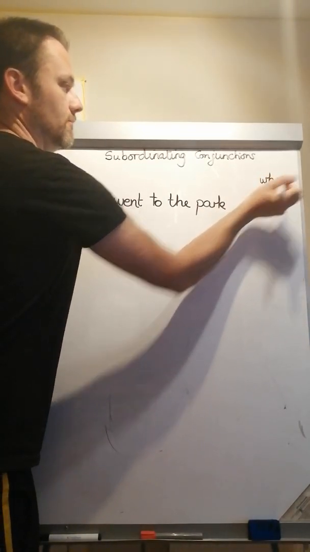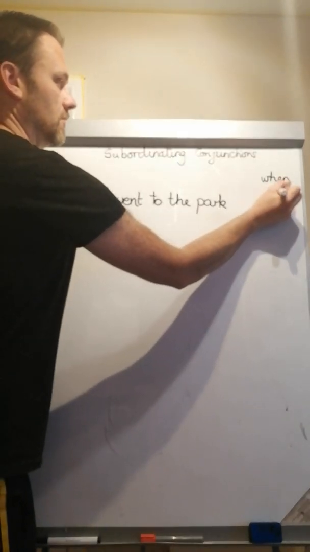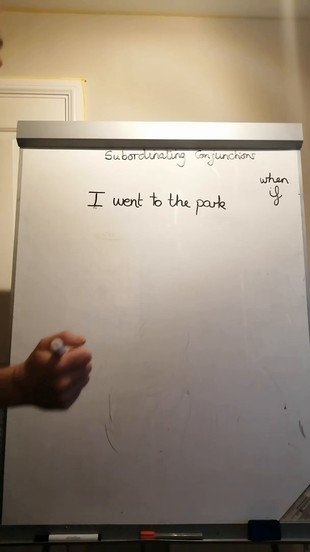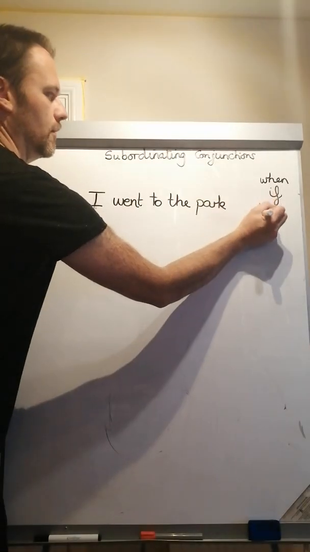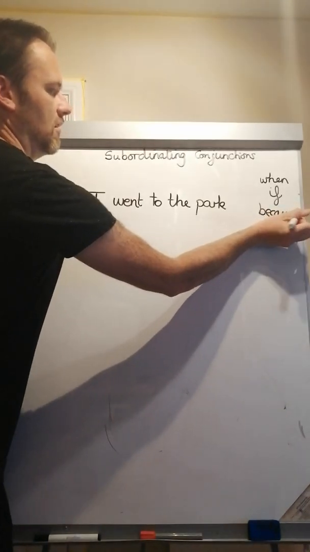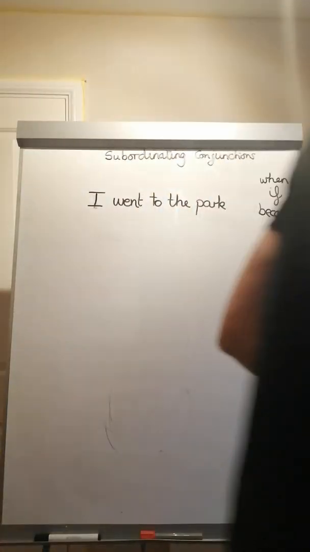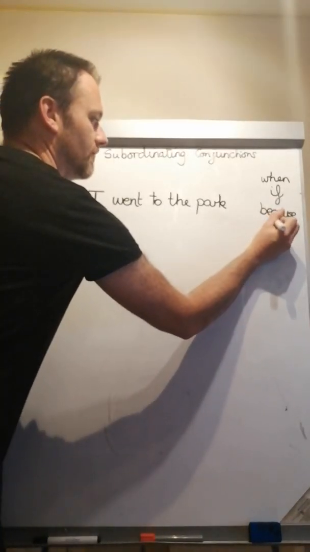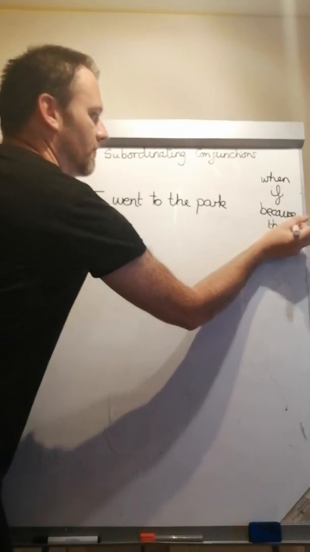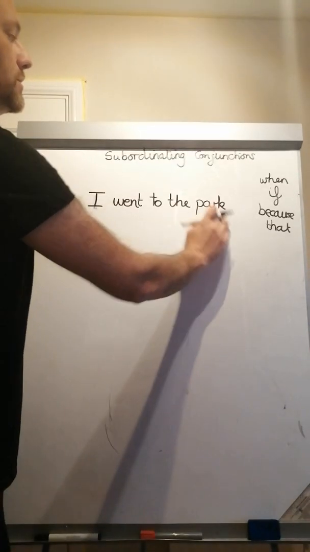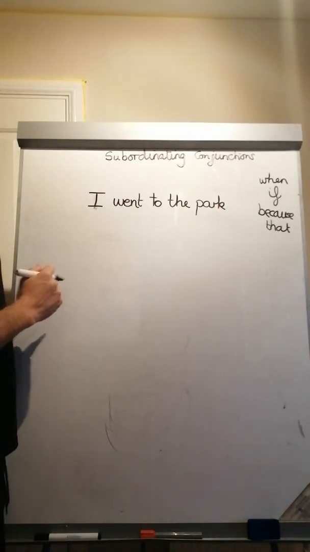We're going to look at when. We're going to look at if. We're going to look at because. And I've totally forgotten what the last one is. We're going to look at that.